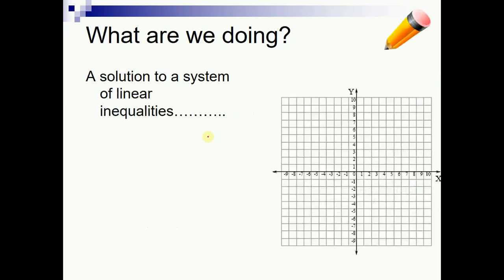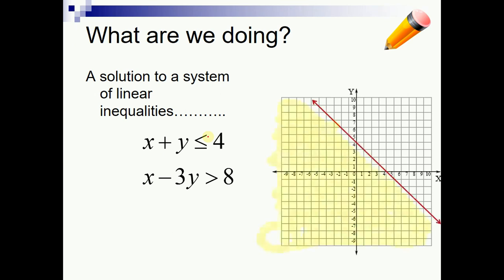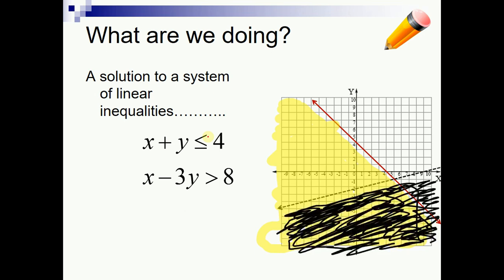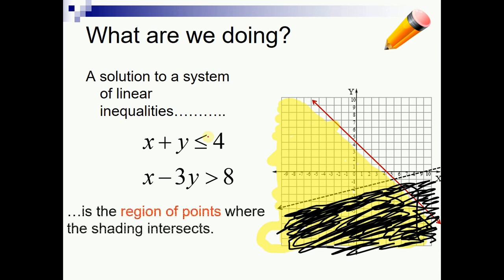Where we're going is a solution of a system of linear inequalities, which means if I have two inequalities that we just graphed on that sheet of paper I gave you, and we graph them, and we shade because we checked in the point 0, 0, and then I graph the other line, and I shade in that side, what you are doing is technically finding a region of points where the shading intersects.